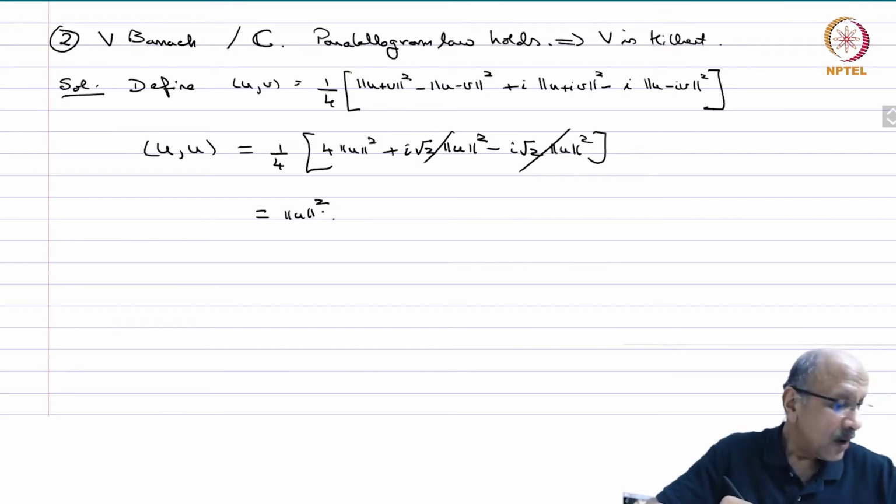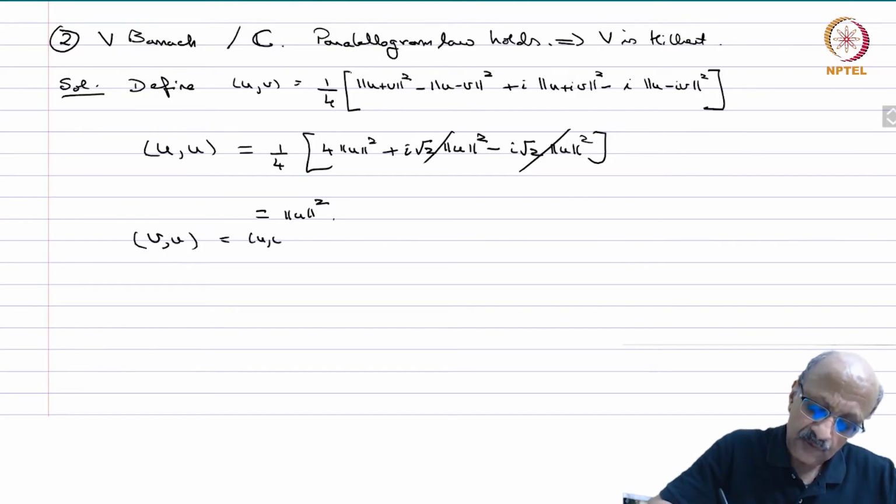Okay, now I will let you check (v,u) equals the conjugate of (u,v). It is just a straightforward computation. You just have to pull out the i's and so on.